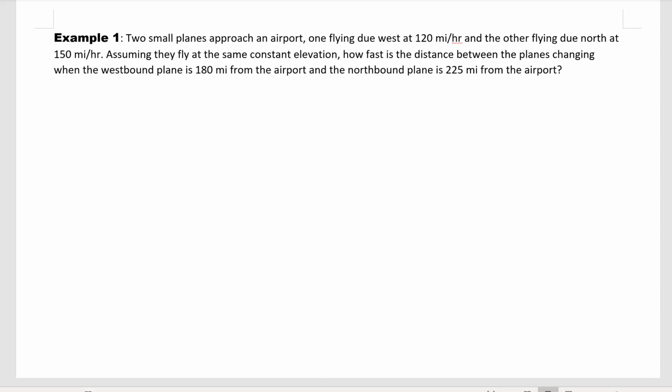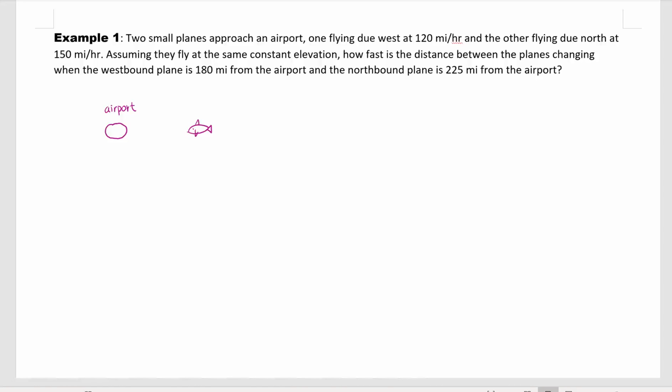So let's draw some picture. Okay, one is flying due west, so we're flying here, and I think my plane looks like a flying fish. It's okay. The other one is flying due north. Okay, so let's say this is the airport. A plane flying due west, the other plane flying due north.